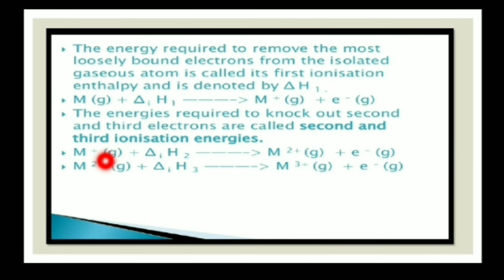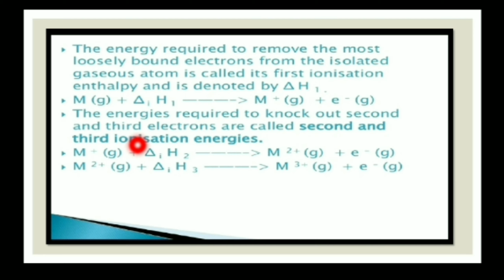Later, from the M2 plus ion, removal of another electron, delta H3, the change in enthalpy, converts it into a gaseous ion. This is the third ionization energy. Removal of the first electron is the first ionization energy; removal of the second and third electrons are respectively the second and third ionization energies.